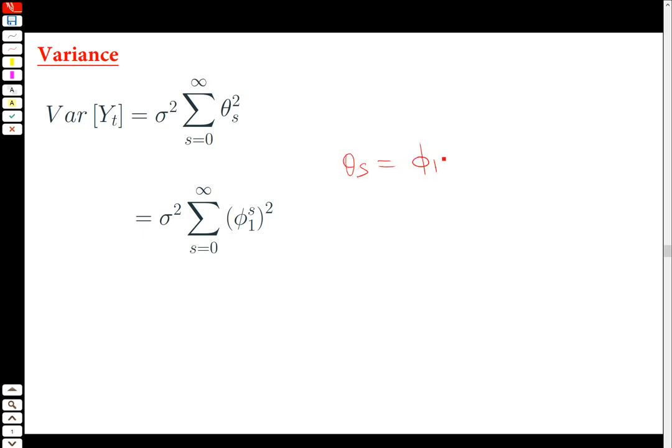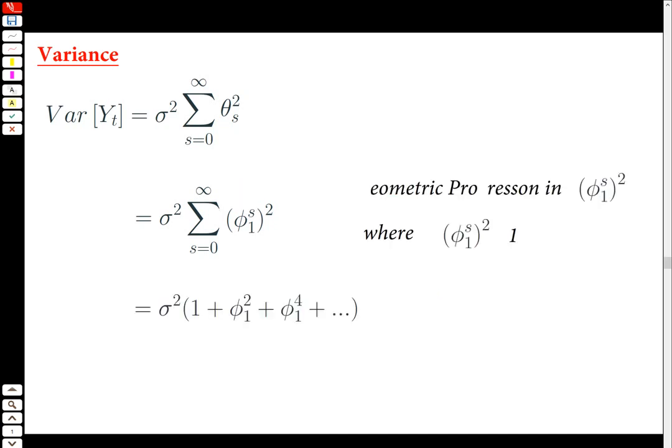This is for a general MA infinity. What I mean by that is these coefficients, alpha and theta s, could be anything. An MA infinity is any process which can be written in this form. What we can show is that the mean is alpha, the variance is this, and the covariance function looks like this.